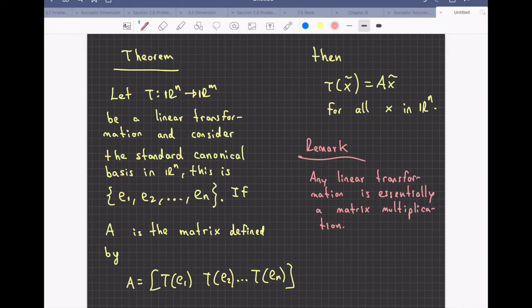So this theorem says that any transformation is the same as a matrix times the given vector when you apply the transformation. So essentially, when we're talking about linear transformations, we're talking about matrices. When we apply transformation, we're like applying matrix multiplication. But how to obtain this matrix A? We will see one example.